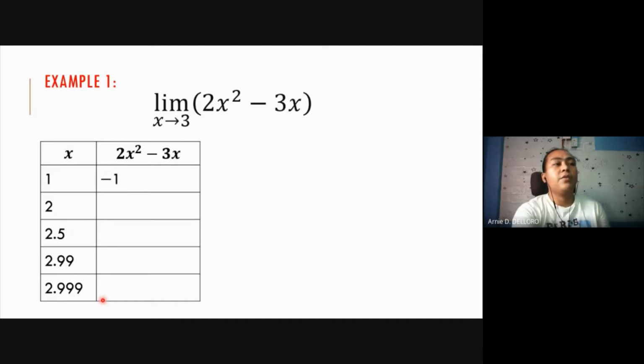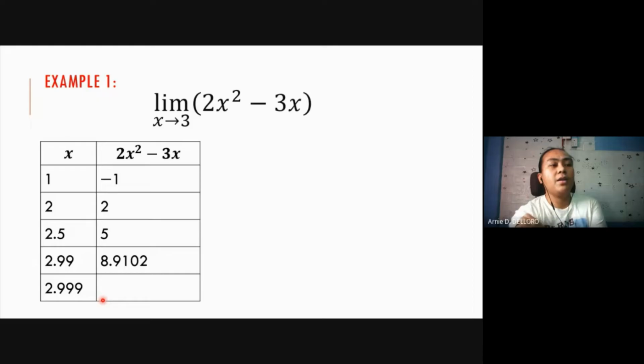If x is equal to 1, the value of the function is negative 1. If the value of x is 2, the value of the function is 2. If x is 2.5, the value of the function is 5. If x is 2.99, then the value of the function is 8.9102.